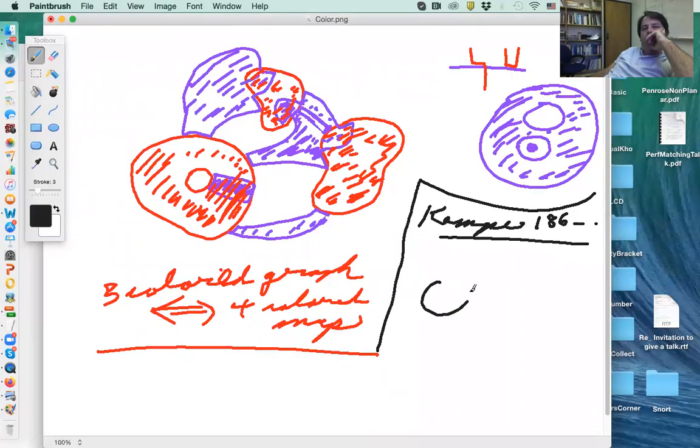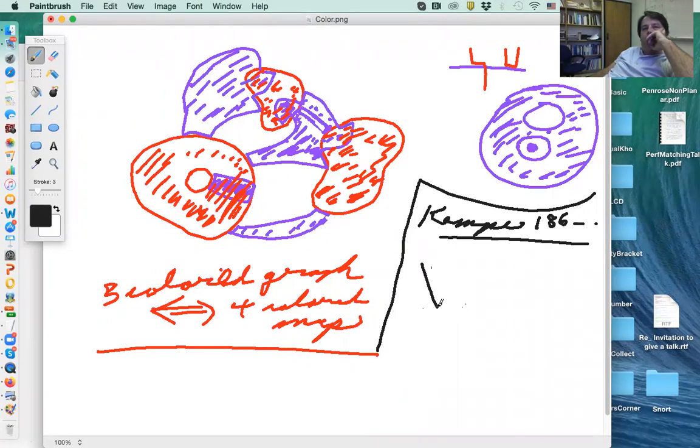Suppose you had a map with many vertices, with many edges at a vertex. Because after all, no one said it had to be trivalent if it was a map you were thinking about. And I've only talked about trivalent.